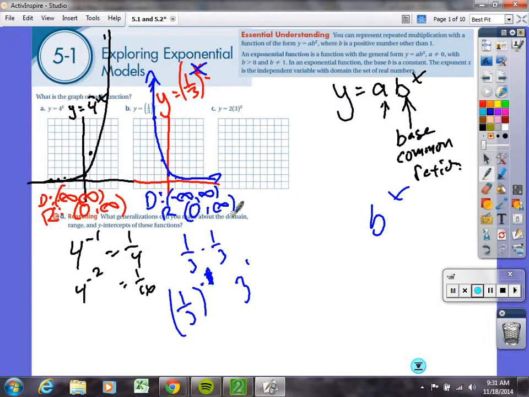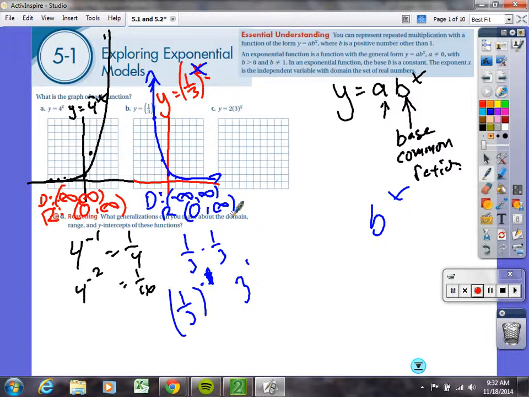Okay, so let's talk about similarities between these two really quickly. What can we see? Domain and range are the same, right? What else do you see? They both have the same asymptote. They have the same y-intercept, don't they?